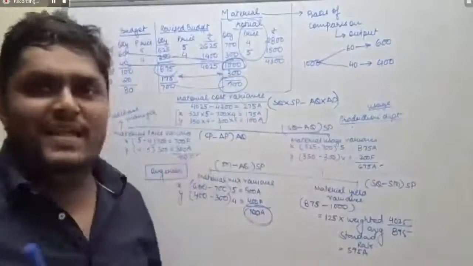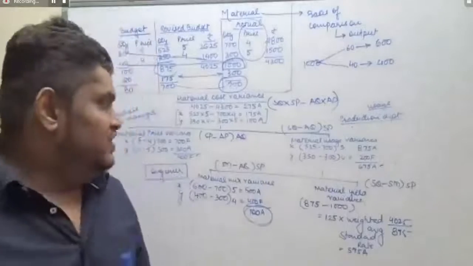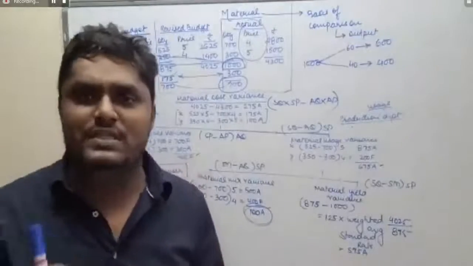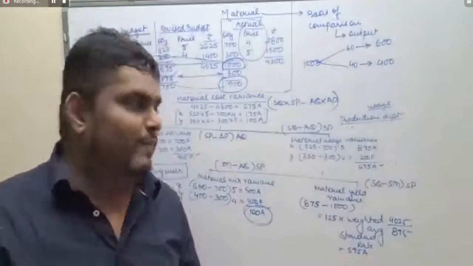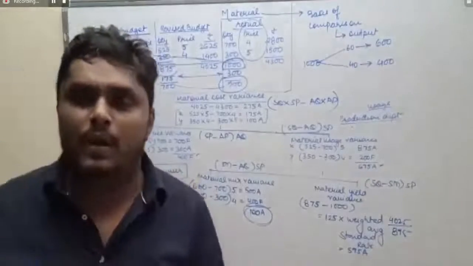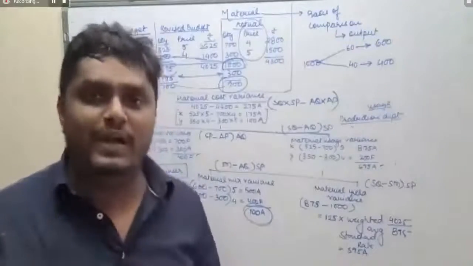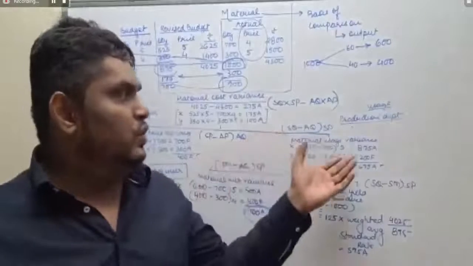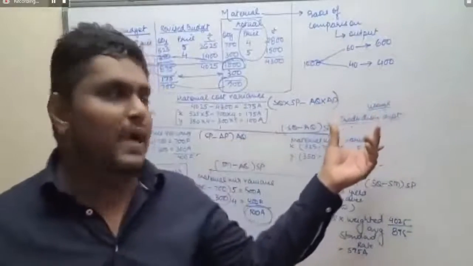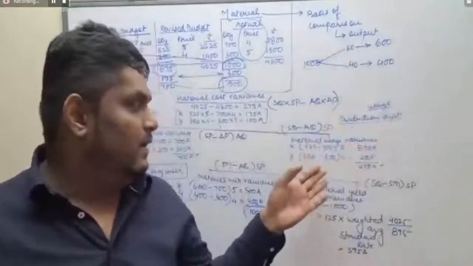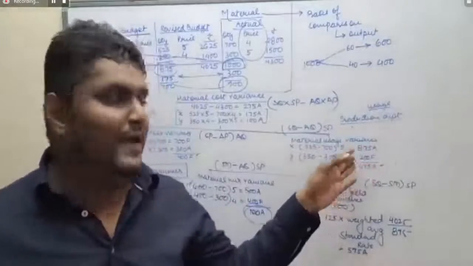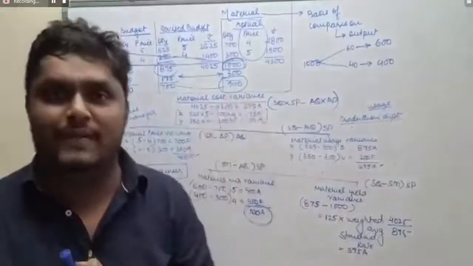Wherein the purchase manager has done a very good job. She purchased these raw material at a competitive price. Because of this, we got an overall variance of 400 favorable. But due to the mistake done by the production department, we made a loss of 675, resulting in an overall loss of 275.